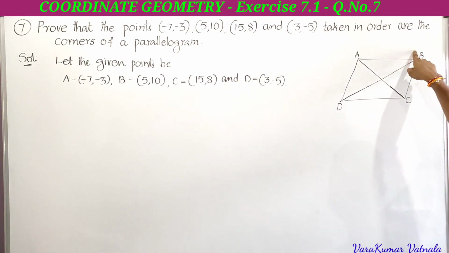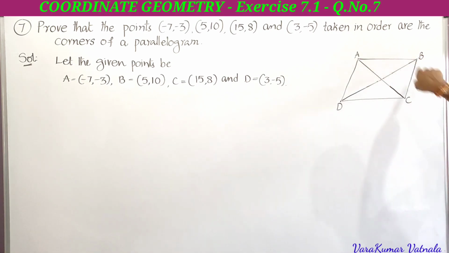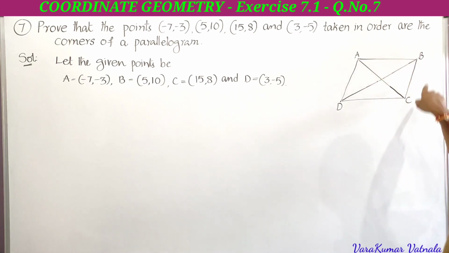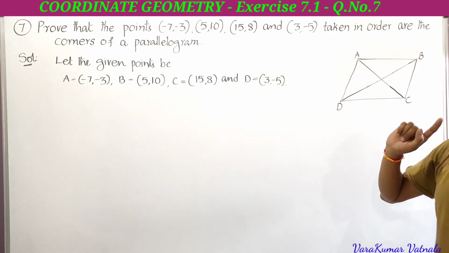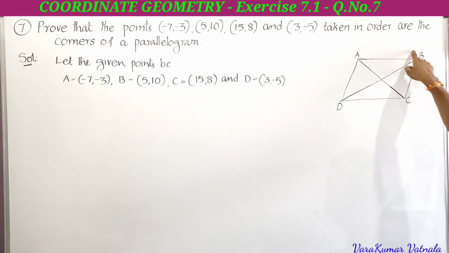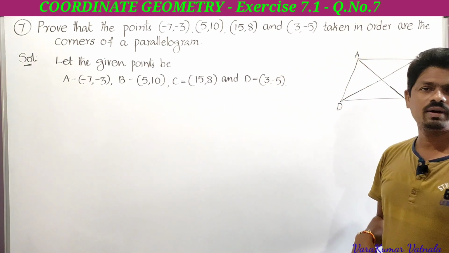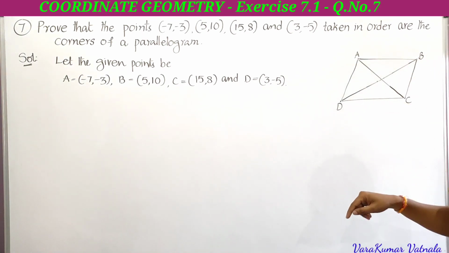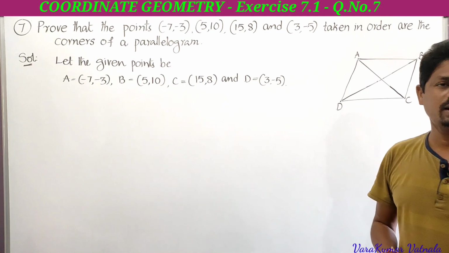If I take A, B, next C, you have to take here only. So that is the order. So you must follow the order A, B, C, D. So now A is minus 7 comma minus 3, B is 5 comma 10, C is 15 comma 8, and D is 3 comma minus 5.